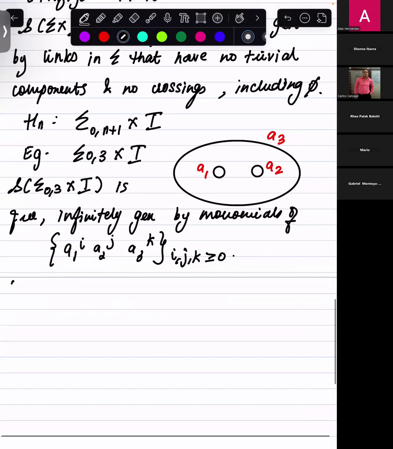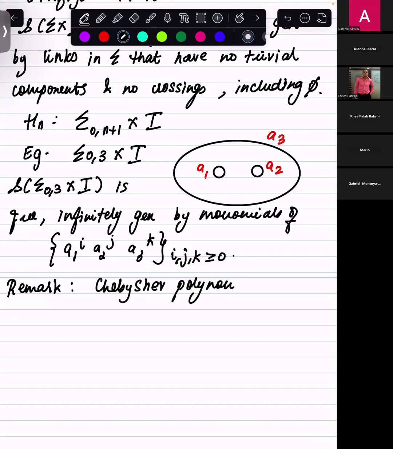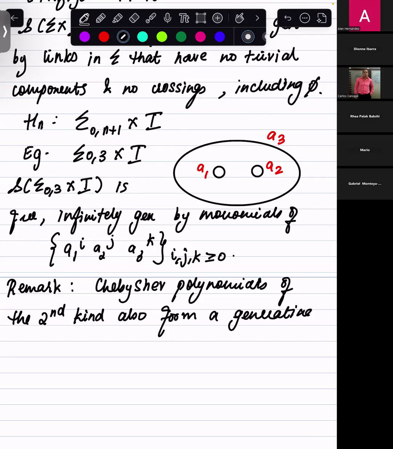As a side remark, I would like to mention that Chebyshev polynomials of the second kind also form a generating set for the Skein module of this genus 2 handle body.